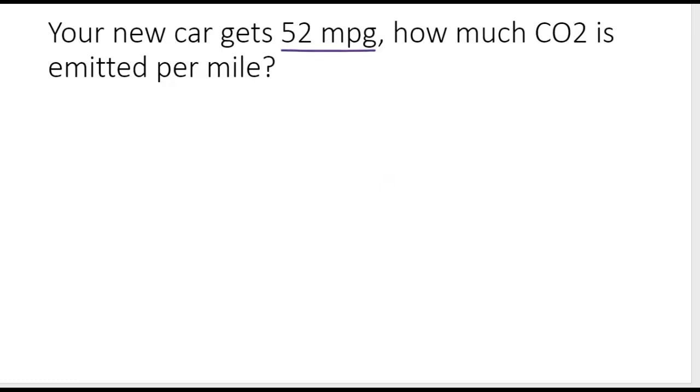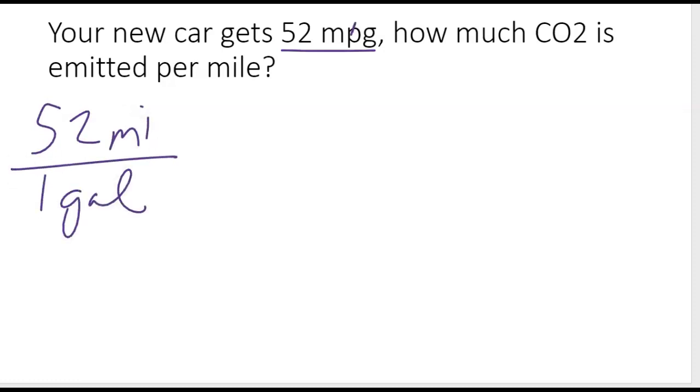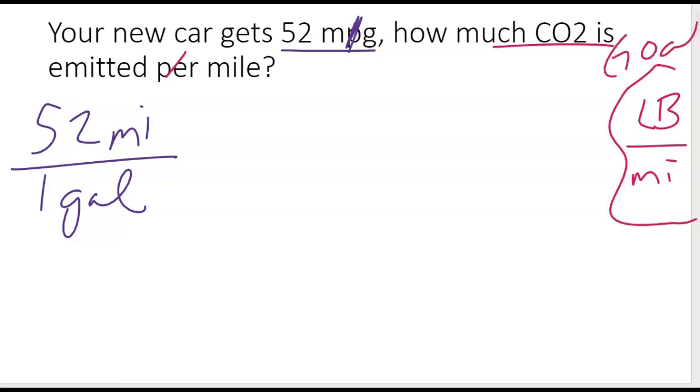So we have 52 miles per 1 gallon, because remember, per means fraction bar. Now that's what we start with. What we want to end with, how much CO2, that is pounds per mile. So this over here on the right is our goal. We want pounds in the top, miles in the bottom. So we know our goal, we know where we start.